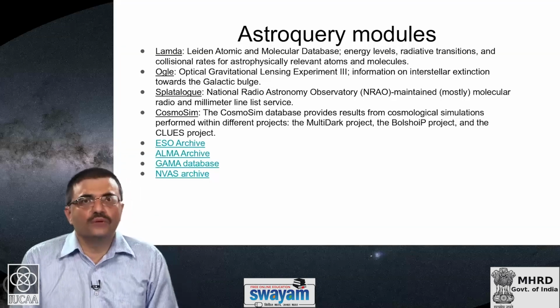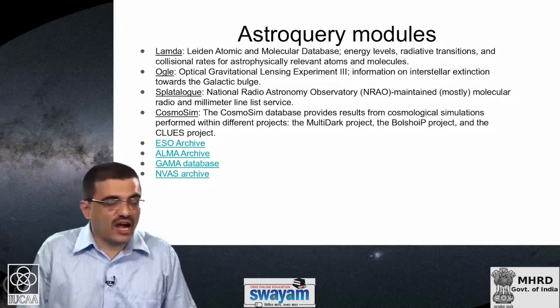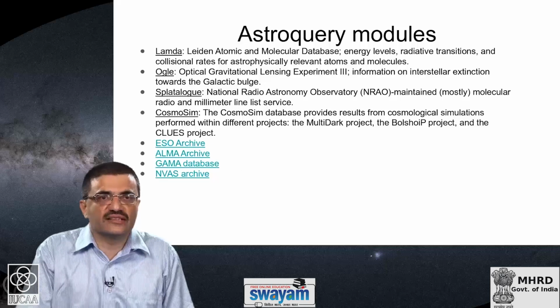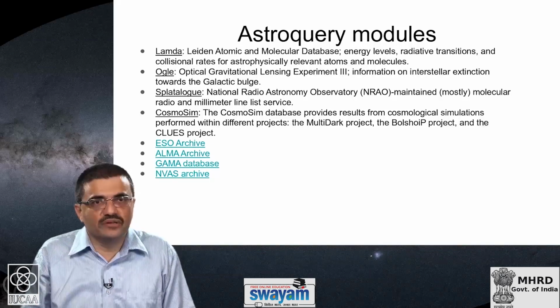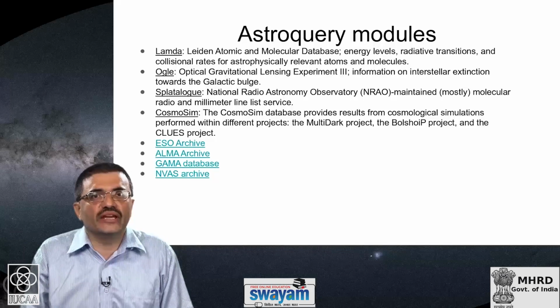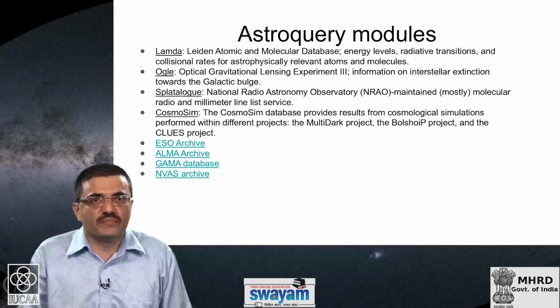So, let us now go and try to look at a short demo of how simple it is to access data in AstroQuery. I am going to show you only one example, but if you go to the AstroQuery documentation, you will find that there are numerous examples for any kind of data set that you like.